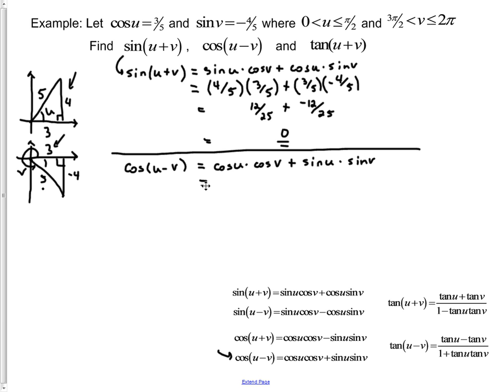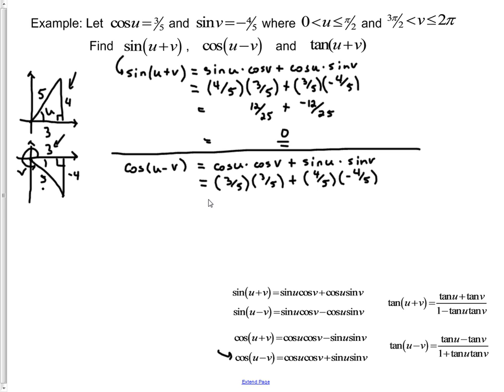Substituting in these values, we take the cosine of u, which is 3/5, one of the values we were given, times the cosine of v, which we found was 3/5 as well. And we add this to the sine of u, which is positive 4/5, times the sine of v, which was negative 4/5 as given in the original expression.